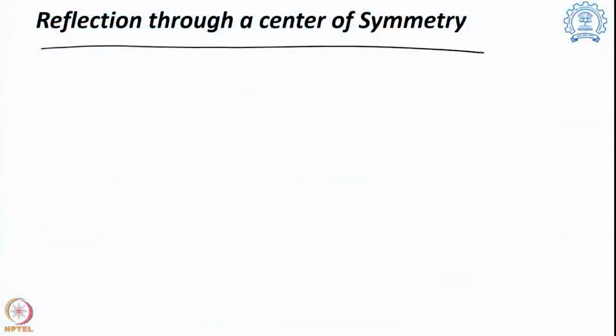So over here my symmetry operation is reflection, but my symmetry element is not a plane, as we have seen for reflection through a plane of symmetry, or the sigma.